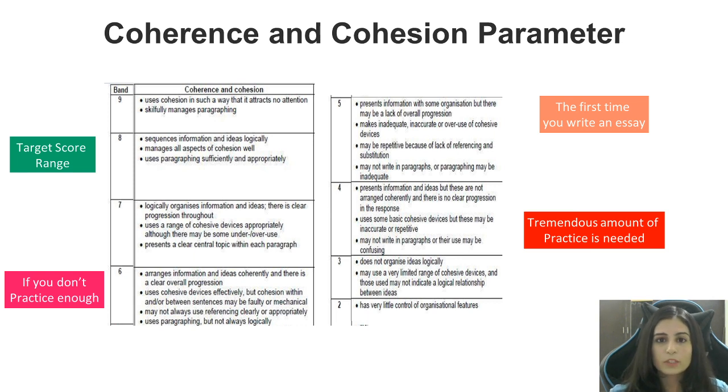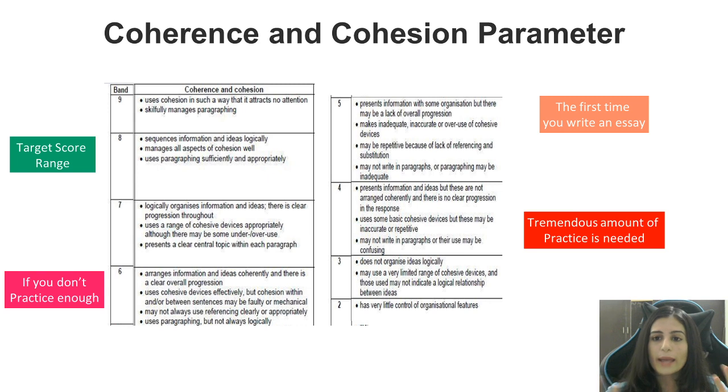Okay, this is what we're going to focus on today: the coherence and cohesion parameter. We have dealt with this table at least 3 times. The reason I follow up with the same slide again and again over different sessions is so that it gets inside your head. By now, this is the fourth time we'll be reviewing this particular slide, and we have done the same in the last 3 sessions.